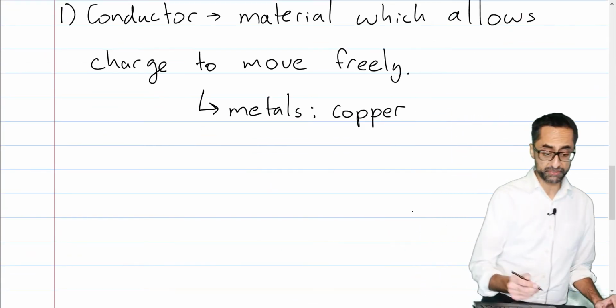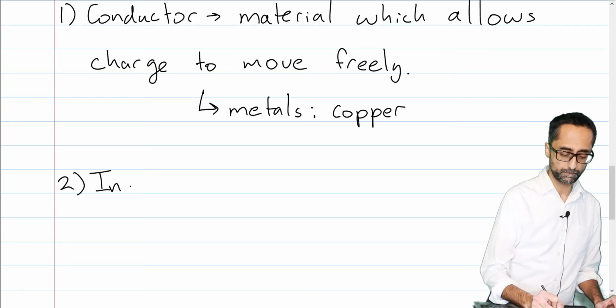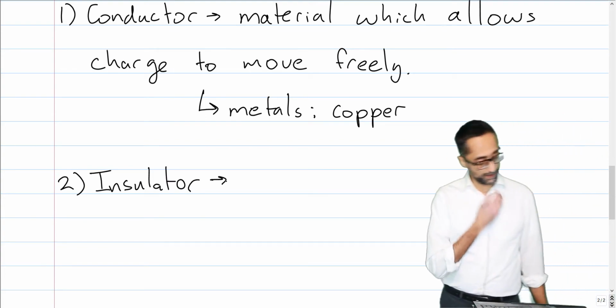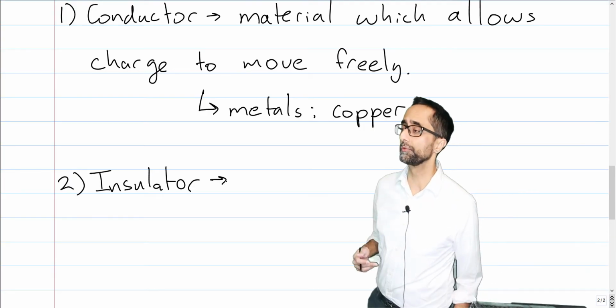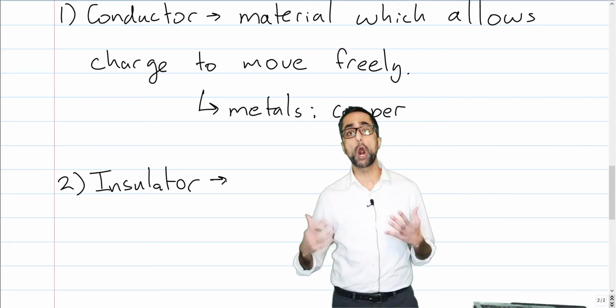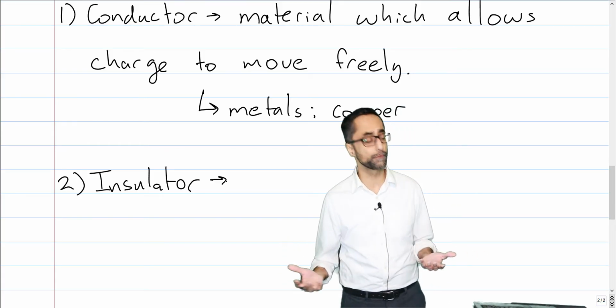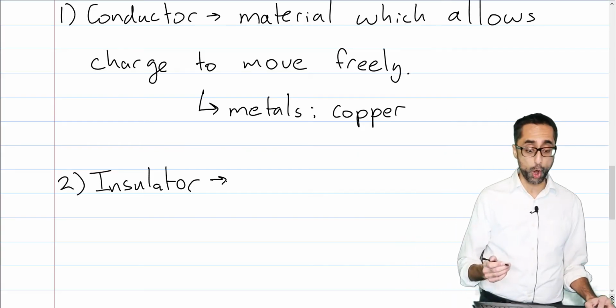The opposite of a conductor is an insulator. In an insulator, this is a material where electric charges are not able to move. And so it really is quite the opposite of a conductor. While a conductor allows charges to move around freely, the insulator doesn't allow them to move around at all.